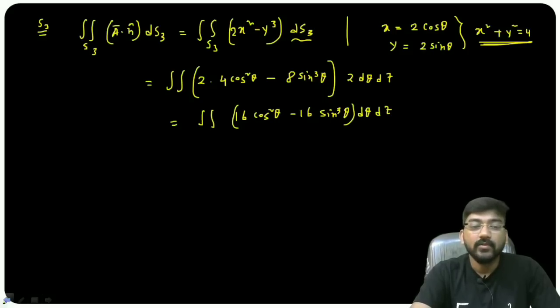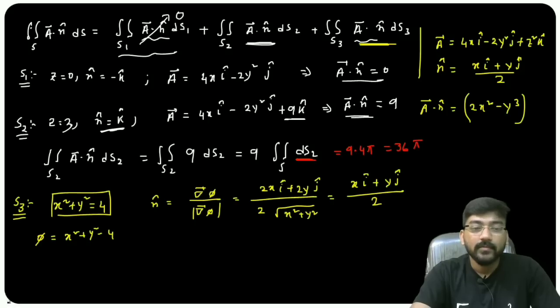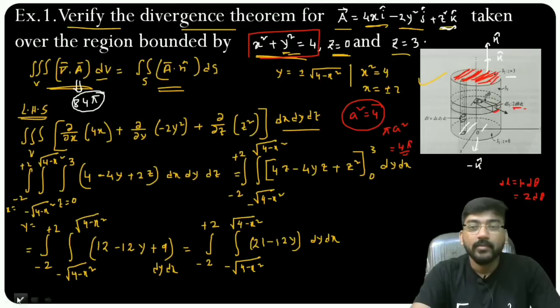Let me see the diagram again. For the limit also you can see the diagram. If you want to take this whole surface, then this strip, this small rectangle, should move from this point to this point.